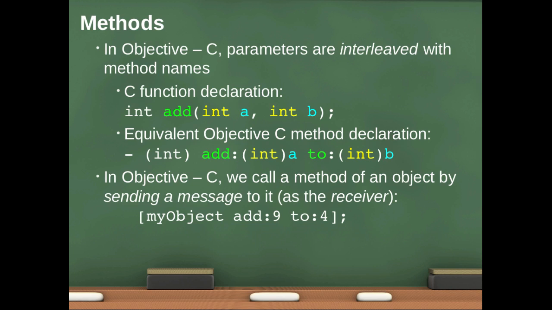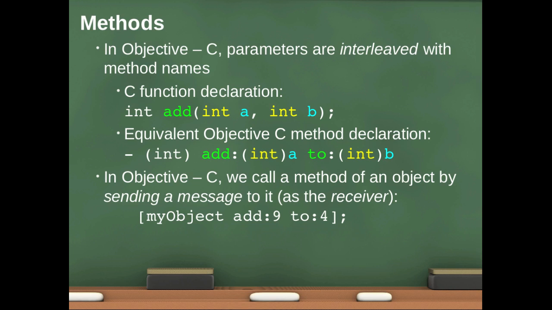So the first parameter is a, and it's of integer type. And then the next piece, this 2, is part of the name of the function. And again, notice the colon. And then we cast b to an int. So int a and int b are still present. They're just cast. And add2 is the name of the function, or add colon 2 colon, as it's sometimes pronounced. I forgot to put a semicolon at the end of this. I should have done that.